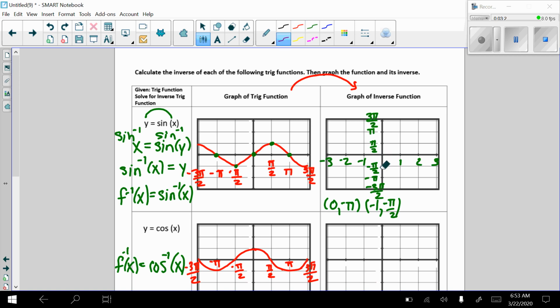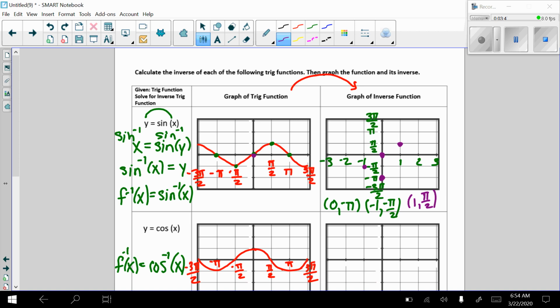So 0, negative pi, -1, negative pi over 2. This is the point 0, 0, so that's just going to stay. This is the point pi over 2, 1, which will be graphed at 1, pi over 2. So here's 1, pi over 2.